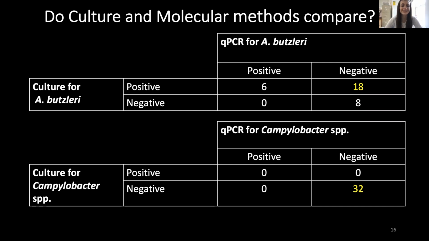However, there are 18 instances where we are able to detect Arcobacter through culture, but not through molecular methods. This leads us to believe that the previous slide may be even an underestimation or a conservative estimation, since 25% of samples contained A. Beaudry. However, this may be as high as 45% based on the results of our culture.